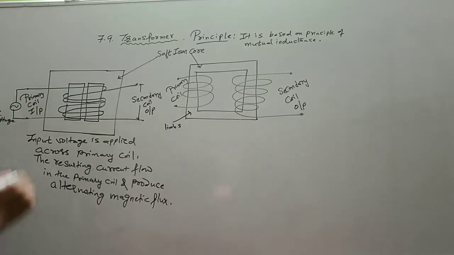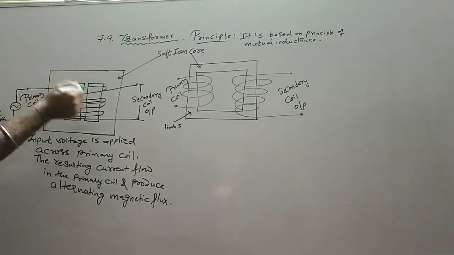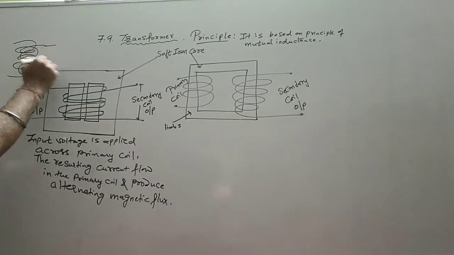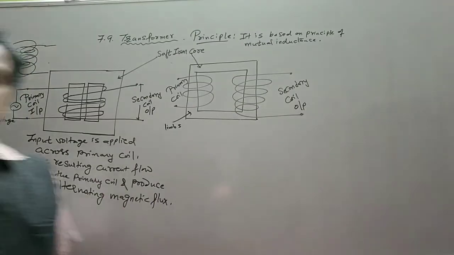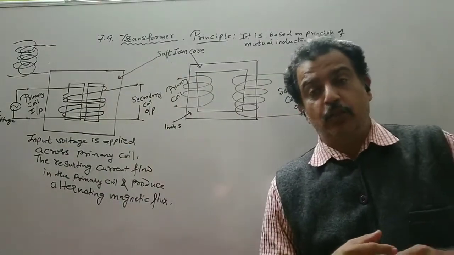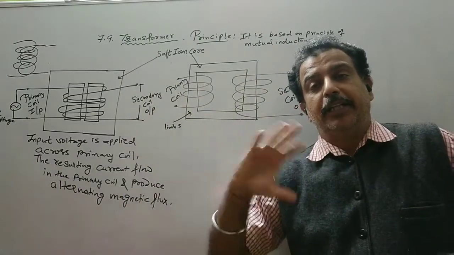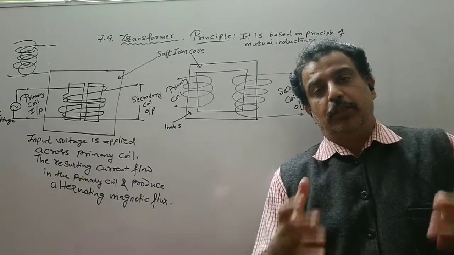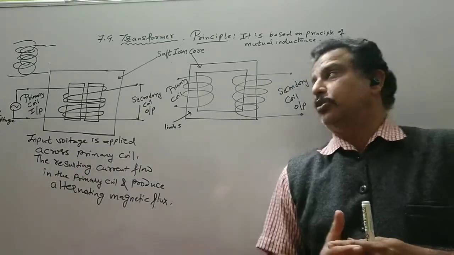So if I have two coils, let us draw them separately. One is a primary coil, and the other, the secondary coil, is kept like this. It is a similar structure to one solenoid kept inside another solenoid, but there the radii of the two solenoids were different, one smaller and one larger.